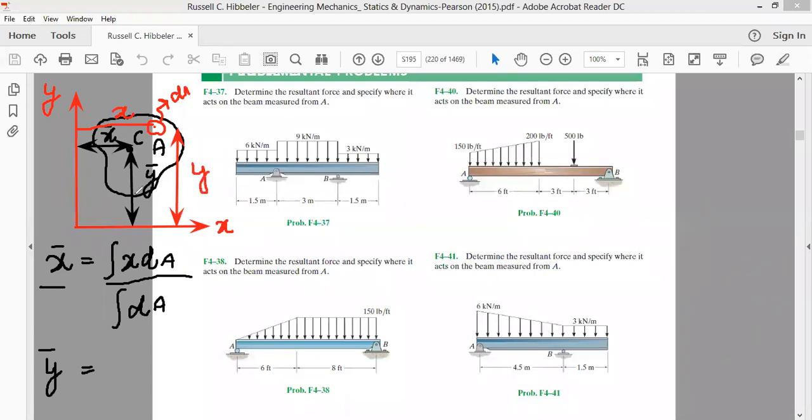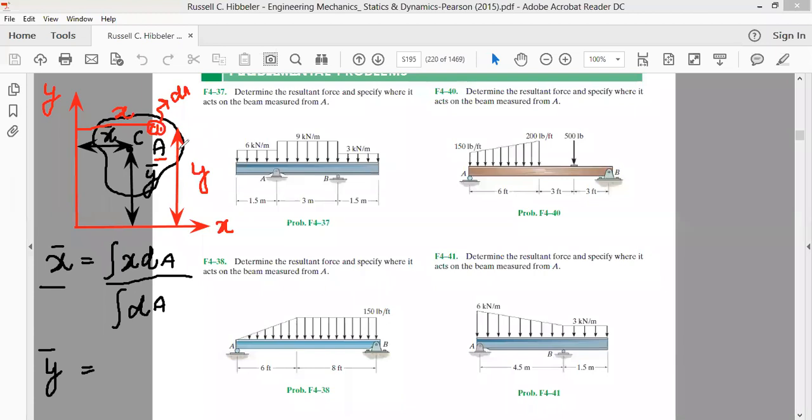So in order to find the centroid of the total area A, we have used a very small area dA in this total area A, and we say let the center of this small area dA be at a distance x from the y-axis and at a distance y from the x-axis.